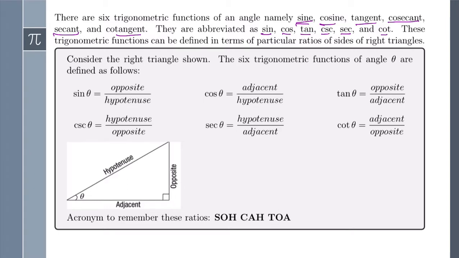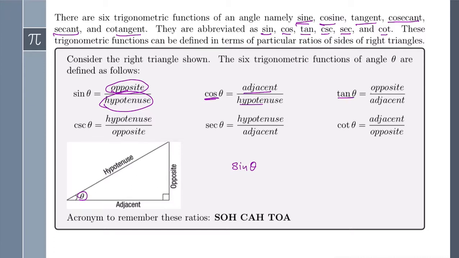Now we will use this right triangle and the angle in it to define these functions. They are nothing but ratios of sides. The sine of angle theta is always opposite over hypotenuse. Cosine of theta is adjacent over hypotenuse.